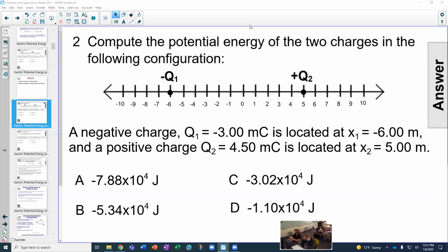You're saying D as well. Looks like you're saying D as well. D. Is that a D?